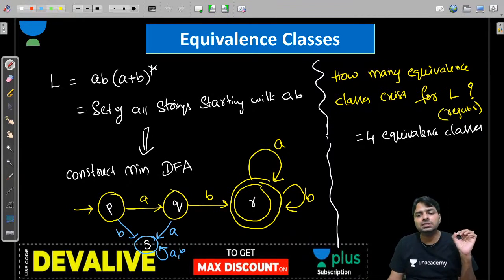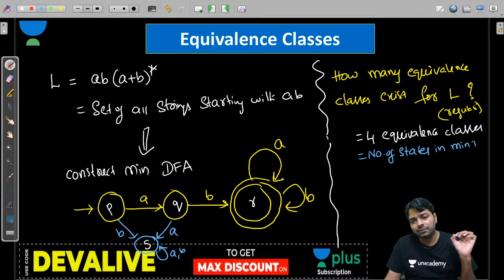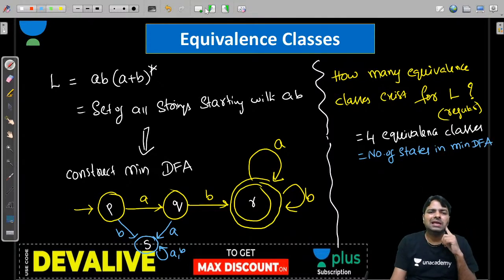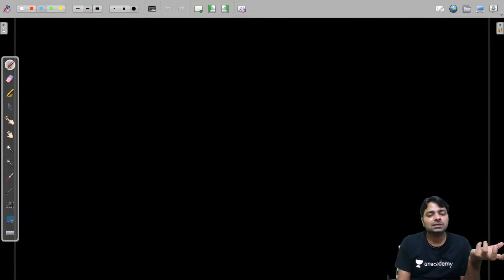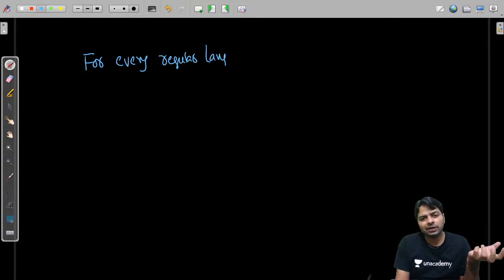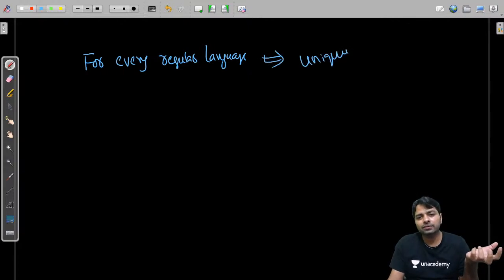What is the meaning of this? It is the number of states in the minimum DFA. Look at the definition, the number of states in the minimum DFA. Now you may have a question: sir, if the language is not regular, what will happen? For every regular language, we have a unique minimum DFA.